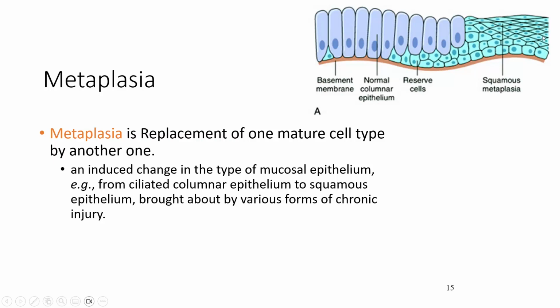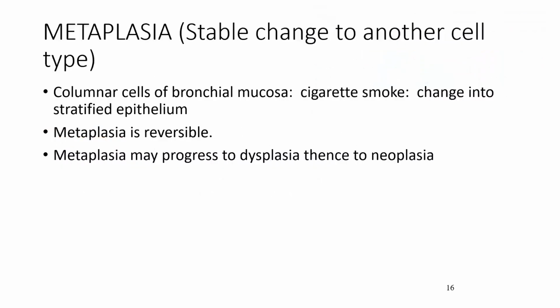And the squamous cells are a lot more tough and resilient, so they're not going to do their function properly. It's not a good thing to have those, but it is more protective. So in areas where there's constant irritation, that would be more protective. So it's a stable change to another cell type.